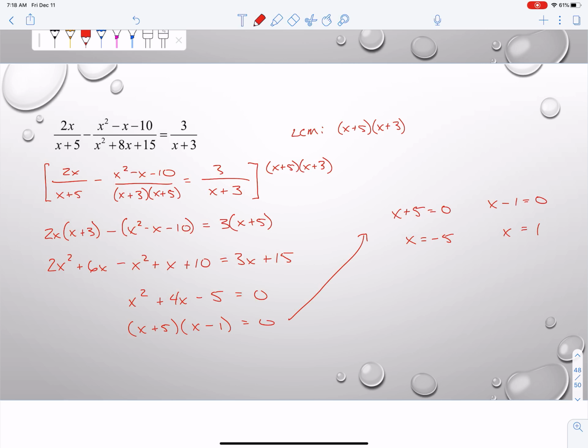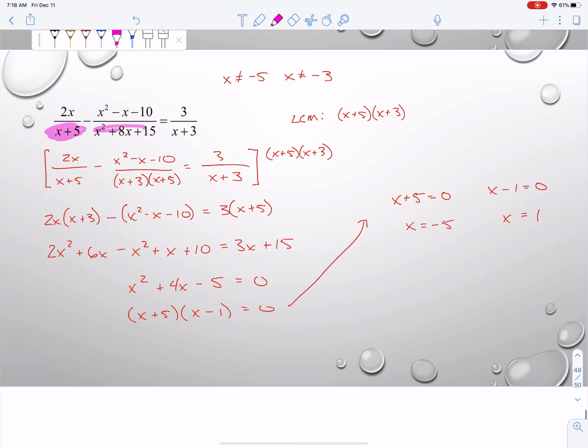Now, if we go back and look, my domain restrictions from my denominator, x could not equal negative 5, and x could not equal negative 3. Well, I've got a negative 5 right here. If I plug that back into my equation, I'm going to get division by 0 in this fraction and in this fraction, which we're not allowed to have. So what I know is that the x equals negative 5 is extraneous.